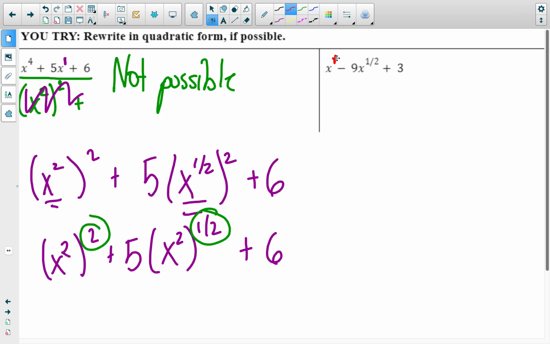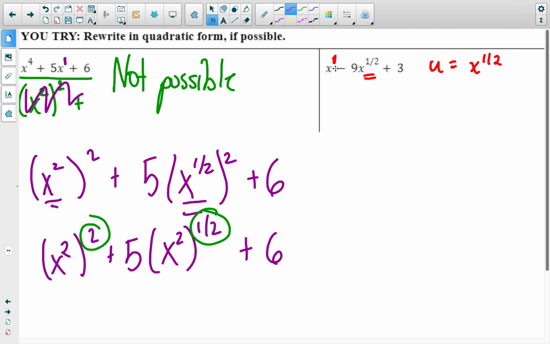Try this one. We have x to the first power minus 9x to the 1/2 power plus 3. Let our variable u equal x to the 1/2 power.